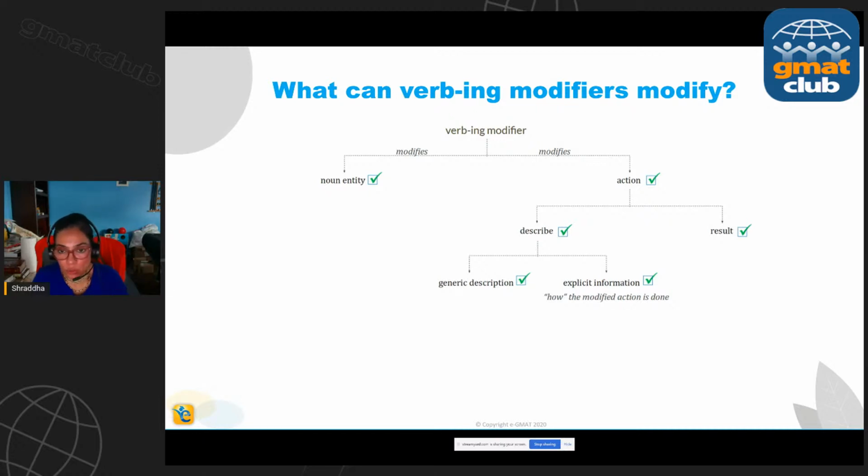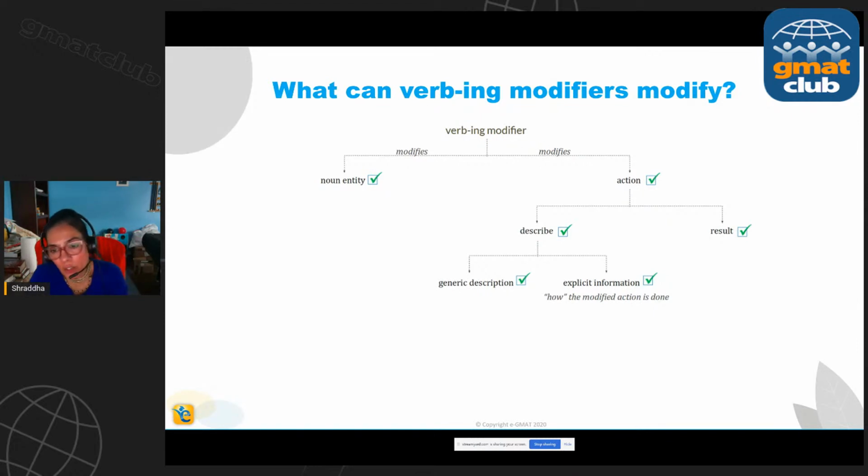Those of you who did the Caspian Sea question, which we floated as a pre-exercise, that's exactly what is happening in that official question. Over there also we have comma plus verb-ing modifier that substantiates the statement given in the main clause.